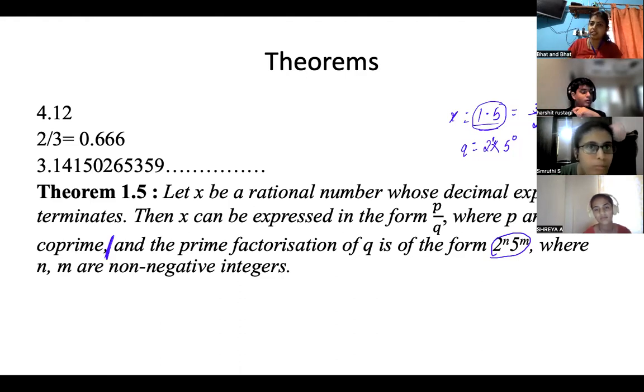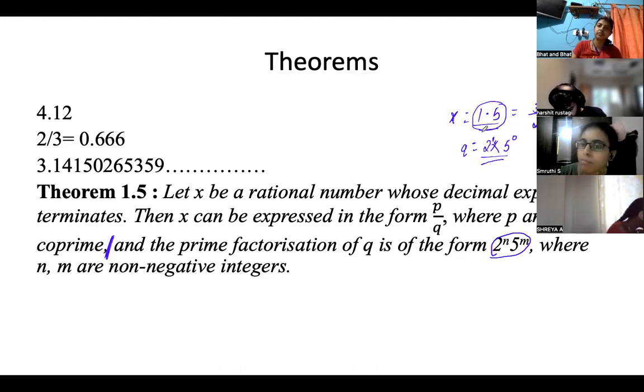Then we saw the prime factorization of q is in the form of 2 raised to n into 5 raised to m, where n and m are non-negative integers. Therefore, we have proved that x is a rational number. Understood the statement? Is it clear?